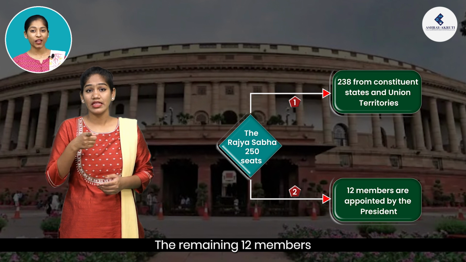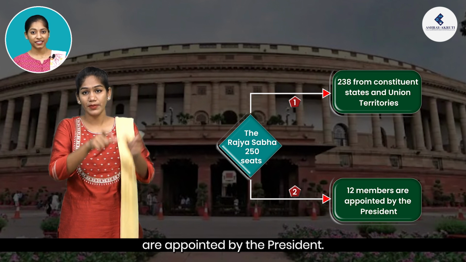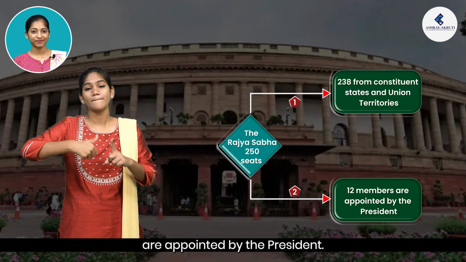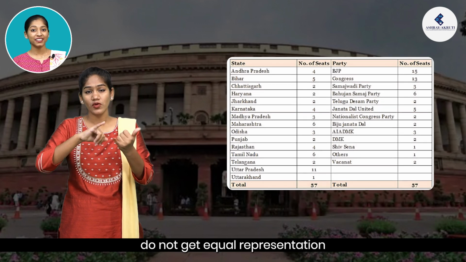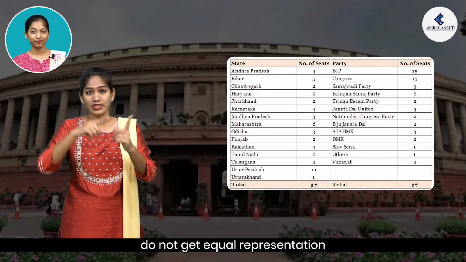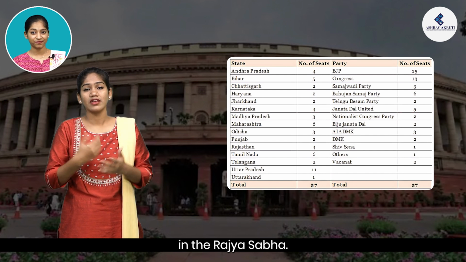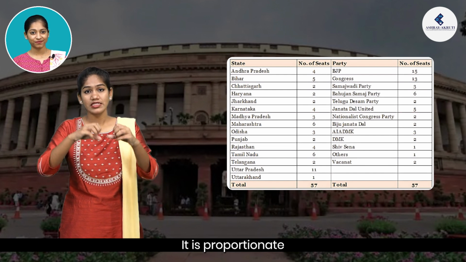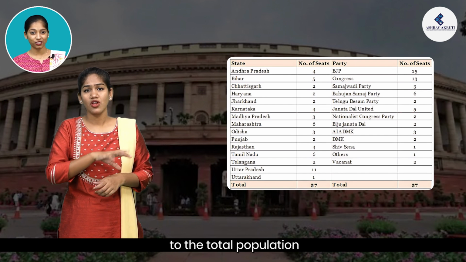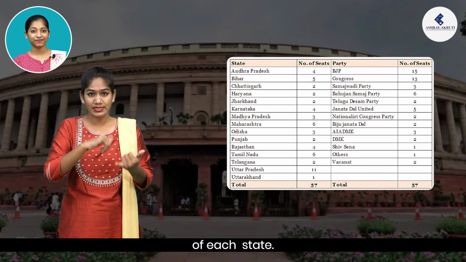The remaining 12 members are appointed by the President. All the constituent states do not get equal representation in the Rajya Sabha. It is proportionate to the total population of each state.